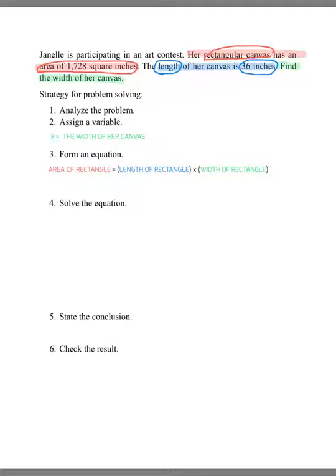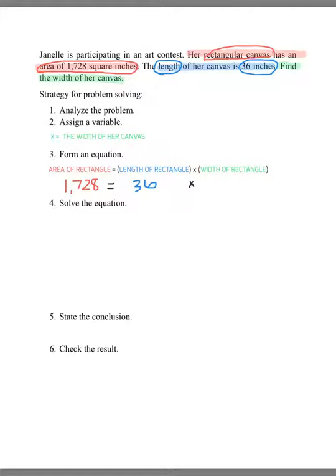So now, let's talk about the area of a rectangle. That's given to us, and the area is 1,728. We'll bring down the equal sign, and we'll also bring down the multiplication symbol. Now, the length of the rectangle, what is that? Well, we know that to be 36 inches. And we also know the width of the rectangle.